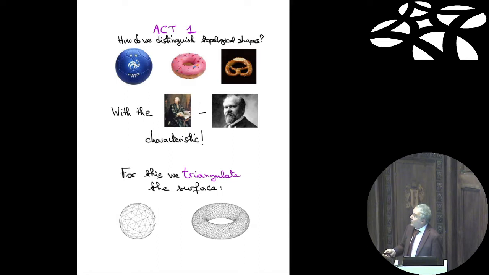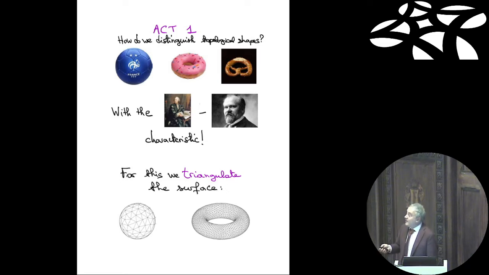So here you have a triangulation of the sphere, and here a triangulation of a torus. Here you can see we cover the sphere with triangle-shaped pieces.